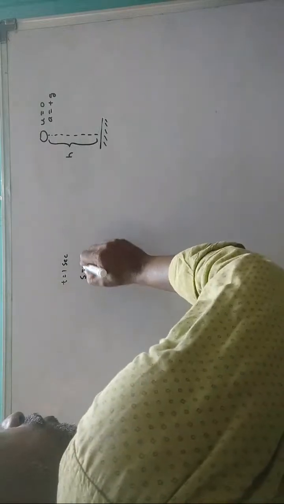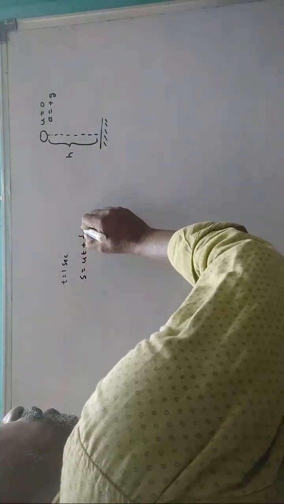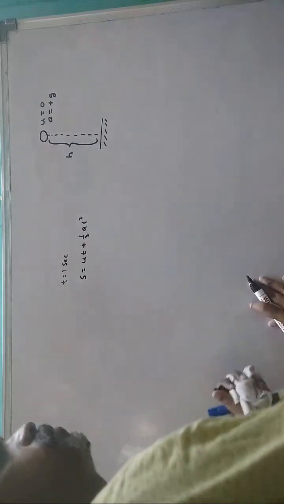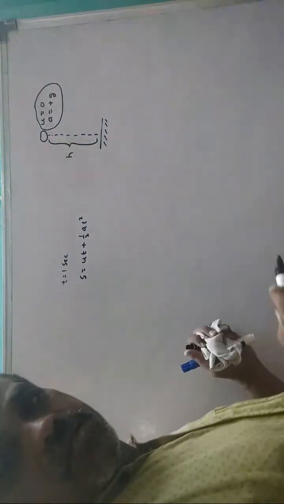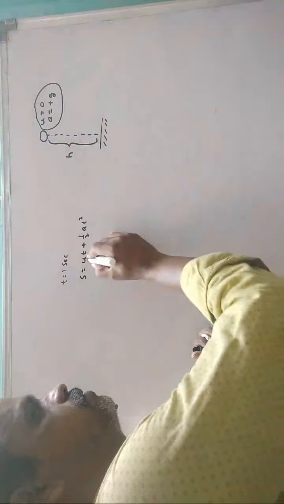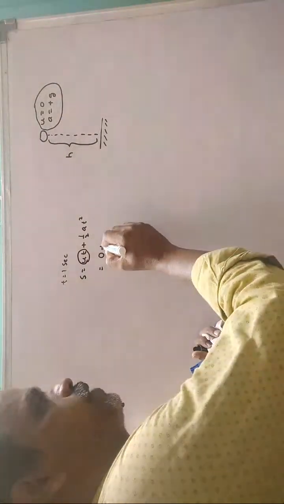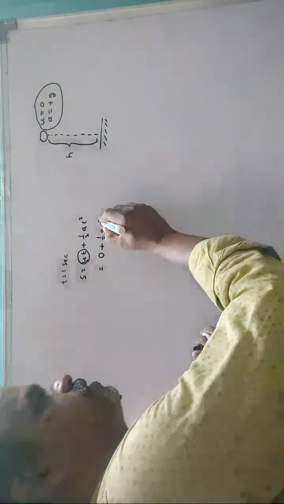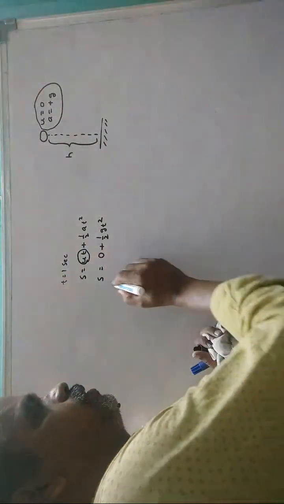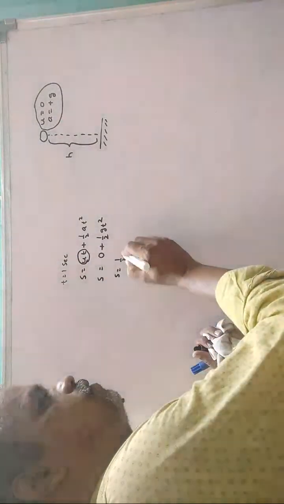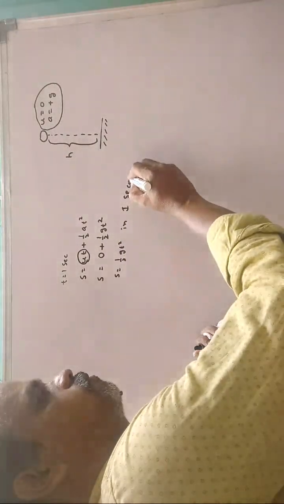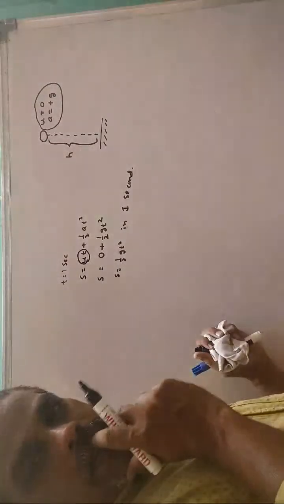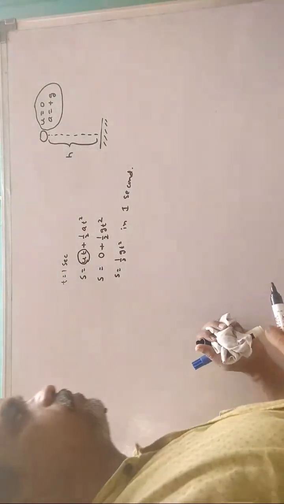So s equal to ut plus half at square. Already we have the conditions for a freely falling body: u equal to 0, a equal to plus g. So this term goes to 0, plus half gt square. So half gt square in 1 second, not the first second, in 1 second.